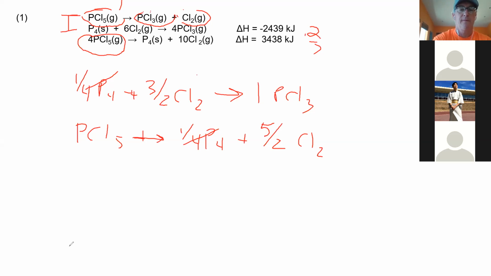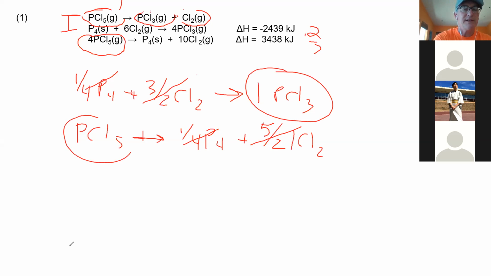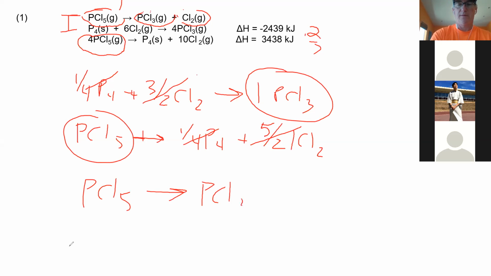Yes. So get rid of that, and I'm left with 1. And I've got PCl3 on this side as a product, and 1 PCl5 on that side as a reactant. So when we add them all together, you get PCl5 goes to PCl3 plus Cl2. That works.